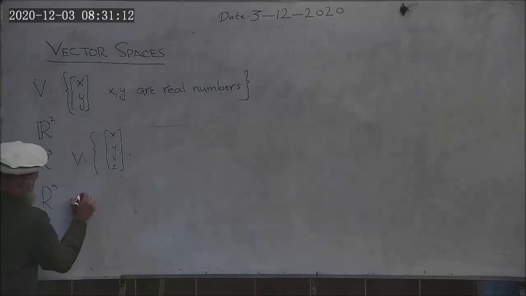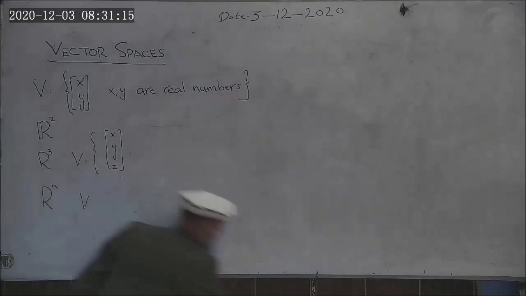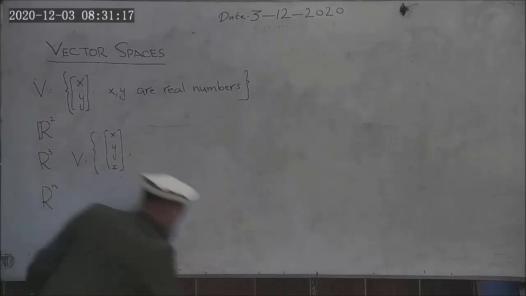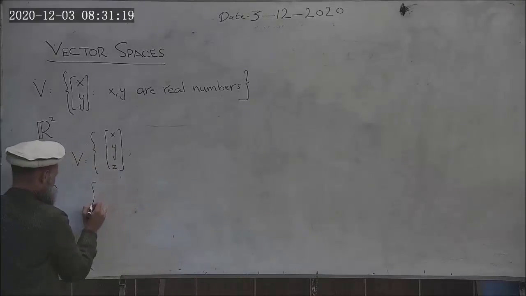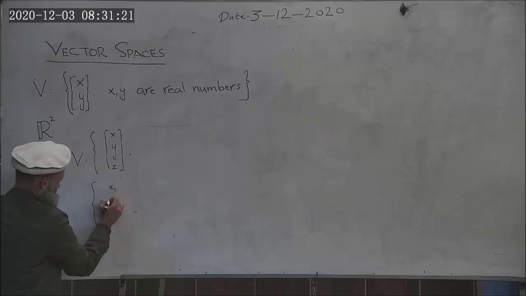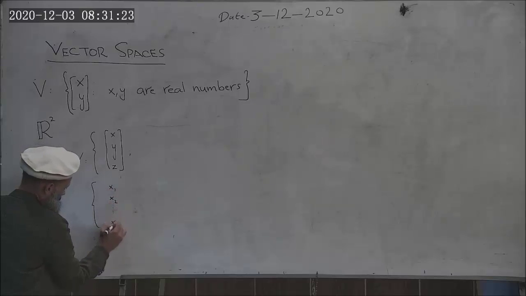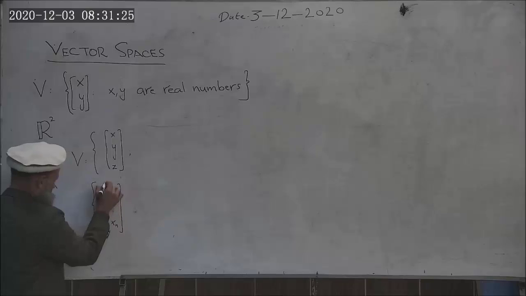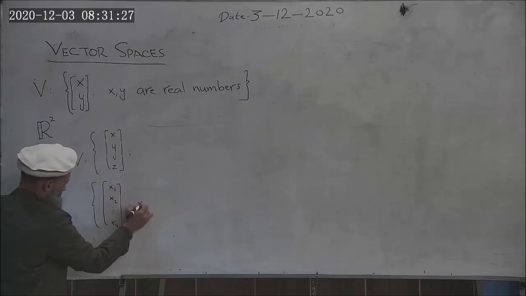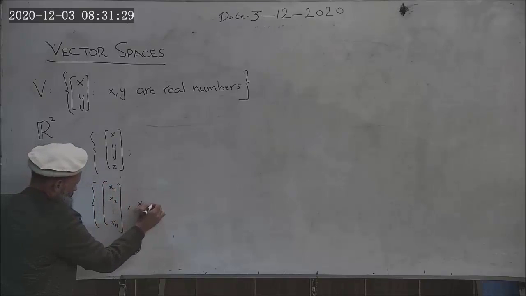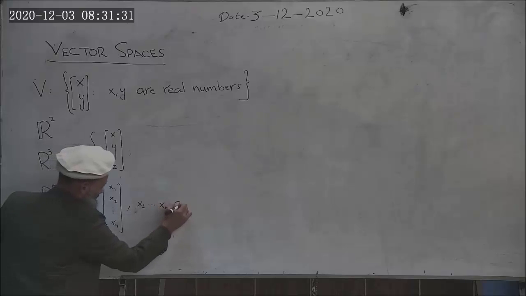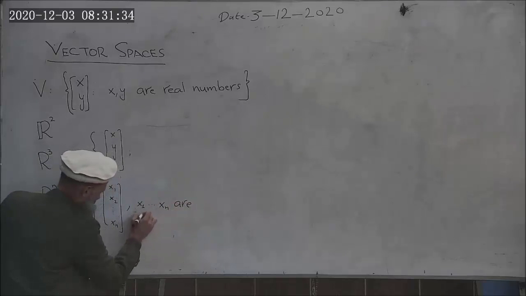Rn is this set x1, x2 up to xn, where x1 up to xn are real numbers.